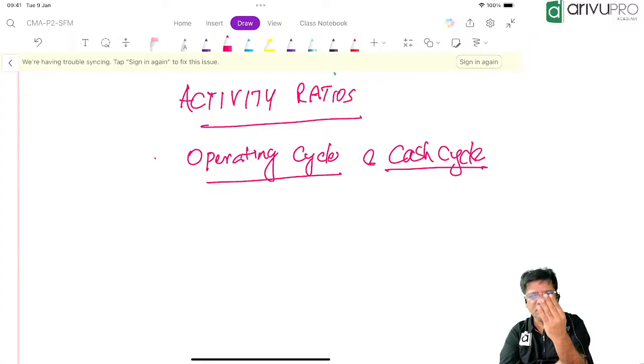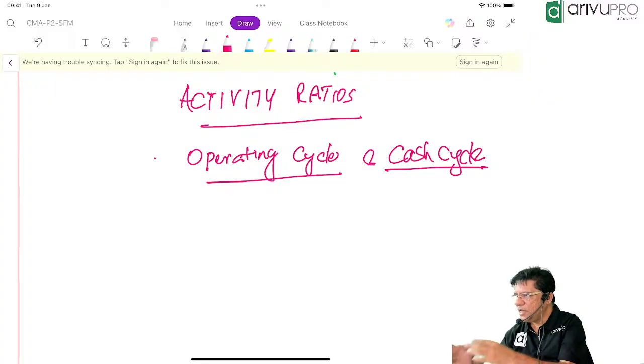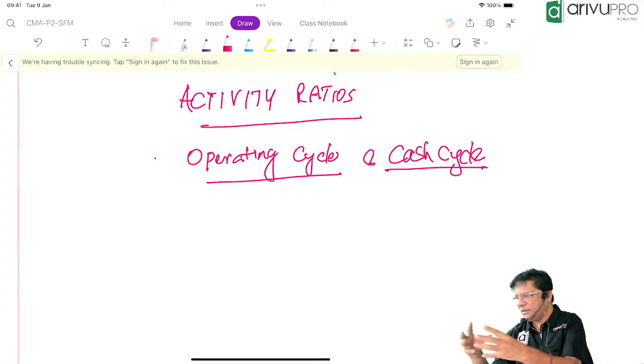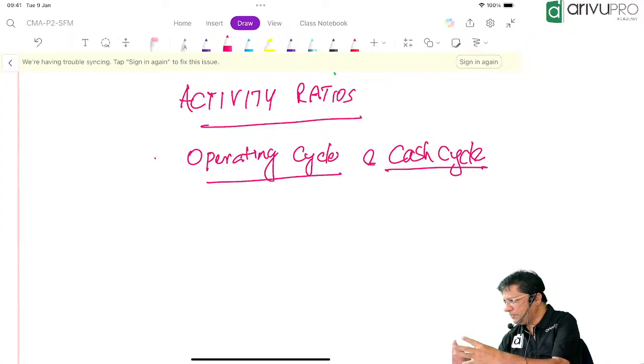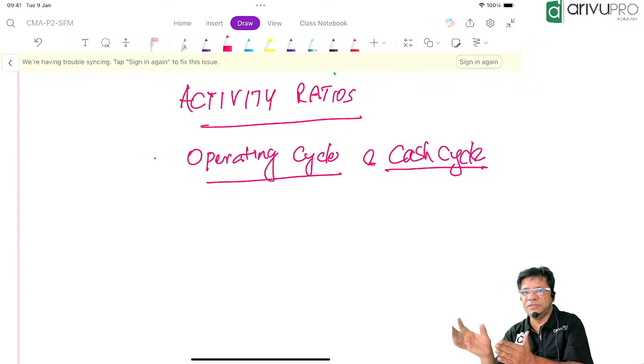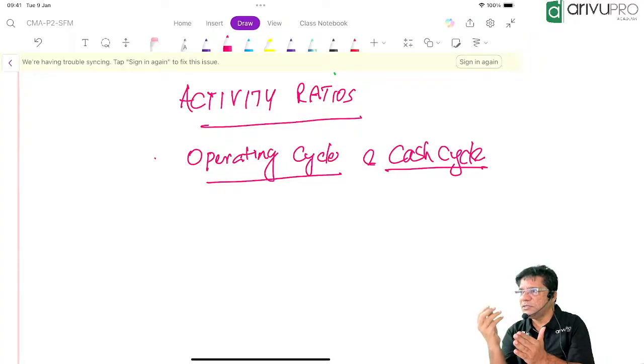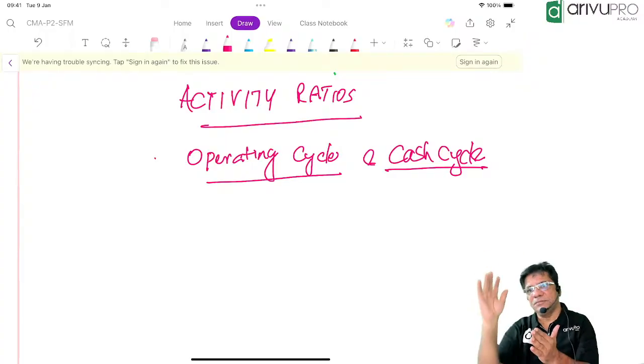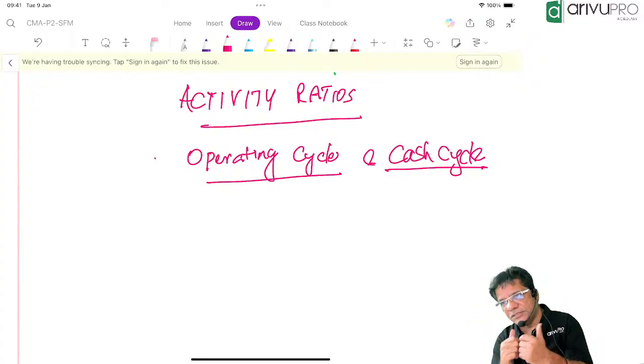Then the raw material comes to your stores, you draw those items and give them to plant production. They convert the raw material, at any time there is work in process, semi-finished, and after that it becomes finished goods. Then you sell your finished goods to your credit customer, accounts receivable is created, and after the credit period your customer will pay you, or you will collect from the customer.